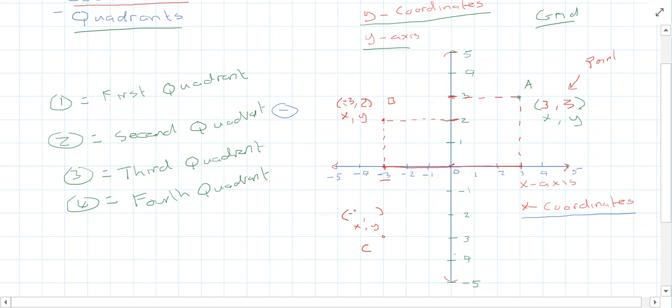Then we draw our line across from the point until it cuts the y-axis, and the value there is -3. So the coordinate for that point is (-3, -3).